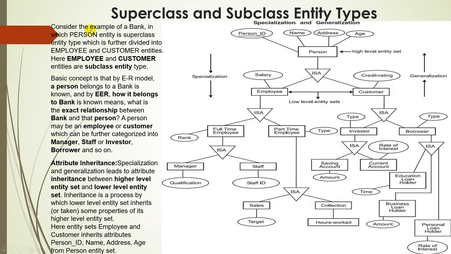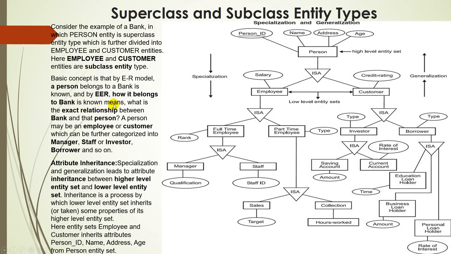As a conclusion, consider the example of a bank in which person entity is the superclass entity type, which is further divided into employee and customer. Here, employee and customer entities are subclass entity types of person. In the basic concept of the ER model, a person belonging to a bank is known, and by EER, how it belongs to the bank is known.